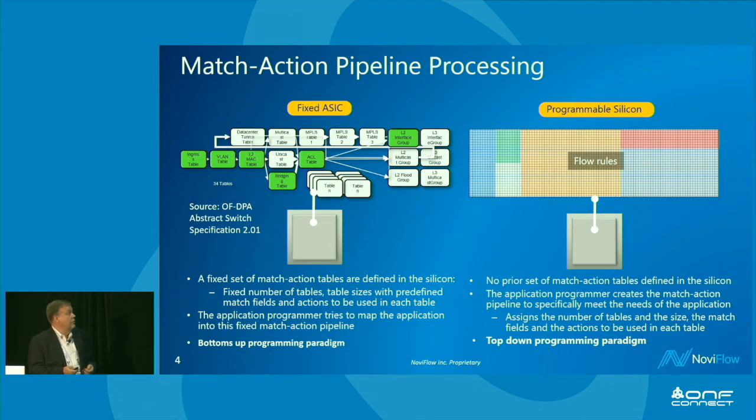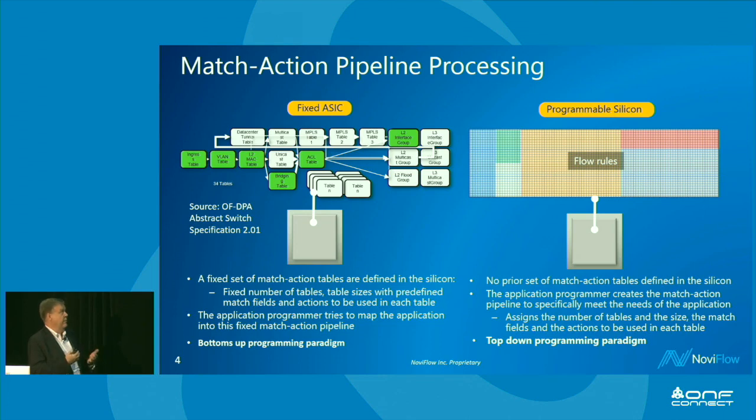So let's start with what's core in our view of the world and our technology, and it's this match action pipeline processing and the ability to program it. On the left, you see a traditional ASIC match action pipeline.